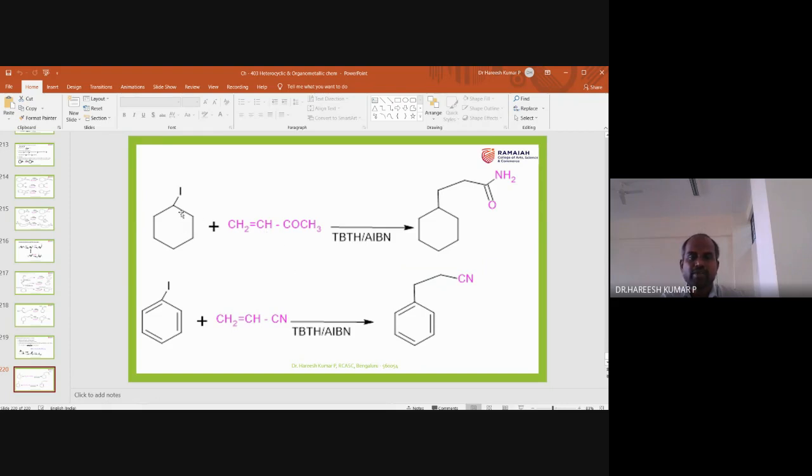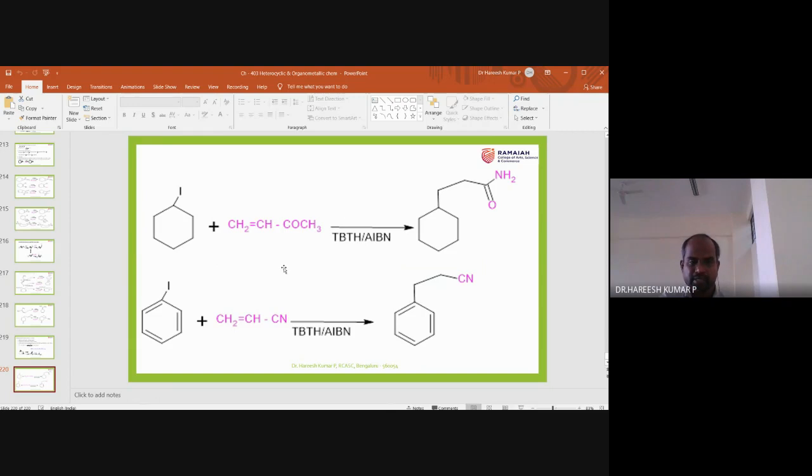So there will be a new bond formation between this carbon and this carbon. So the product is obtained like this. New bond formation between this carbon and this carbon, and this can pick up an H radical. So this CH is converted into CH2. So that is the product.